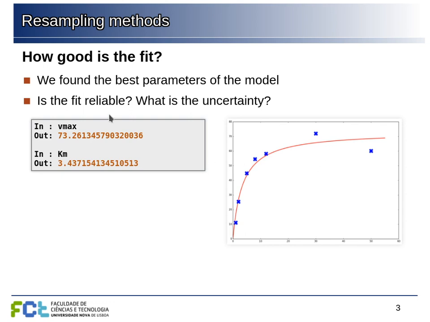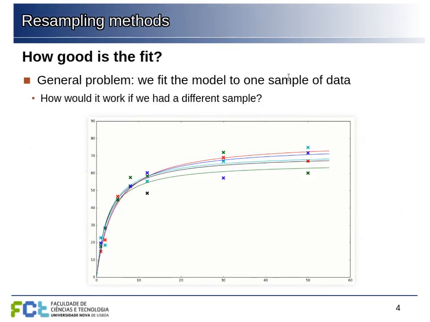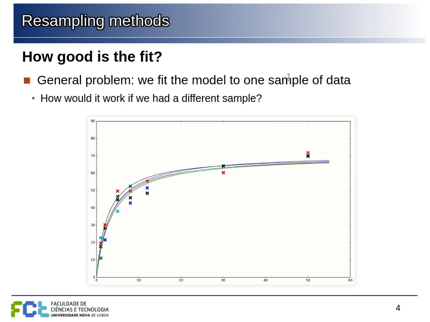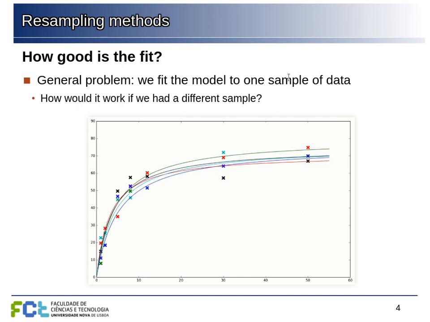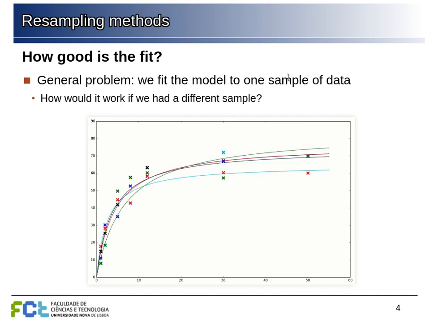But the question now is, how reliable is this? What is the uncertainty we have on these parameters? And in theory, what we mean would be, how different would this be if we were to repeat the experiment? So basically, if we could do the experiment again and again, we would obtain slightly different values for the initial velocity measurements at these concentration values, and this would give us different results.